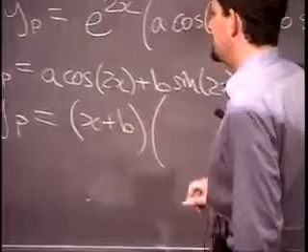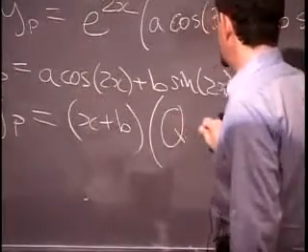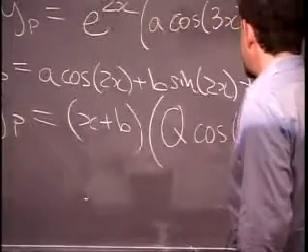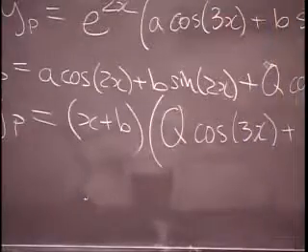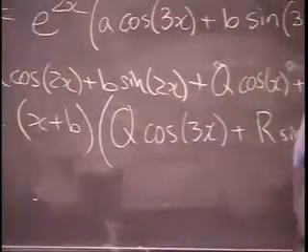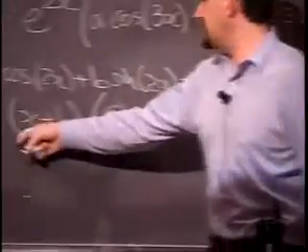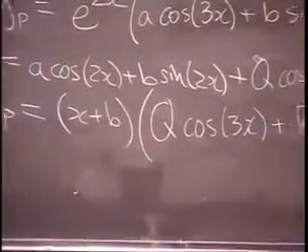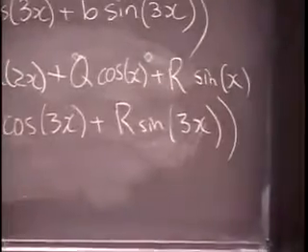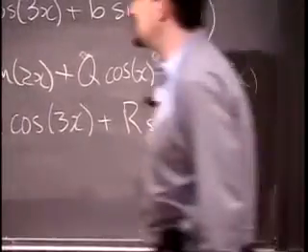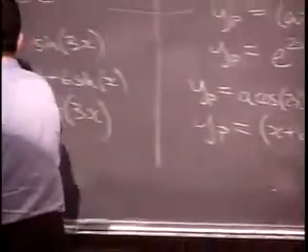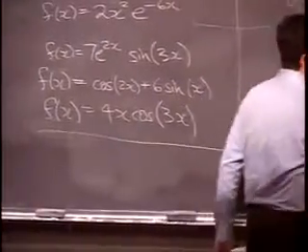And then for cosine 3x, let's say q cosine 3x plus r sine 3x. I had to omit one of the constants, and I chose to do it, the a outside of the x there. Otherwise, you just have a spare constant that you can't possibly find that would come out the front. So there's the complete table.